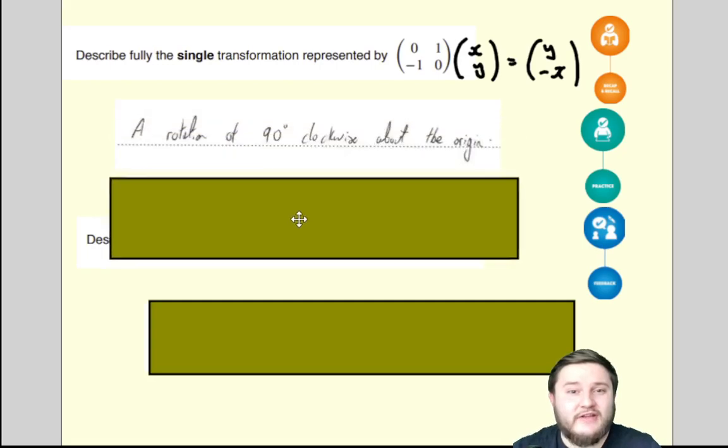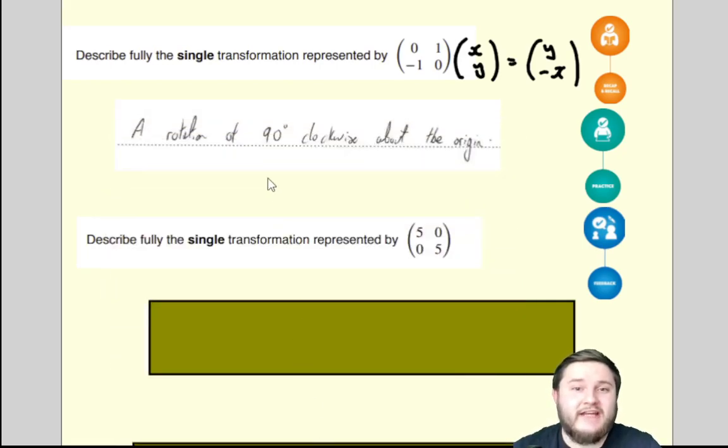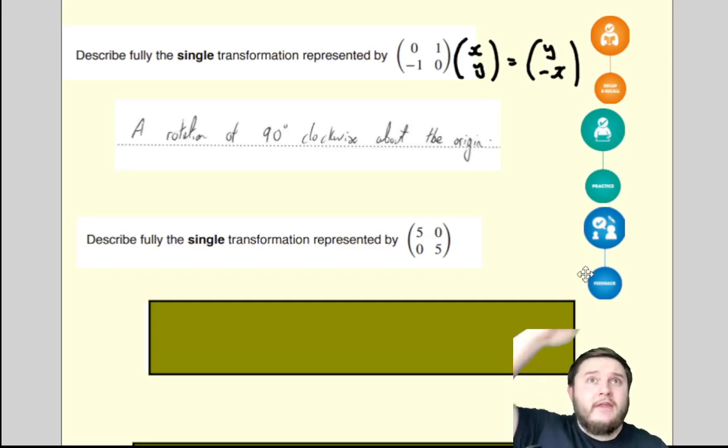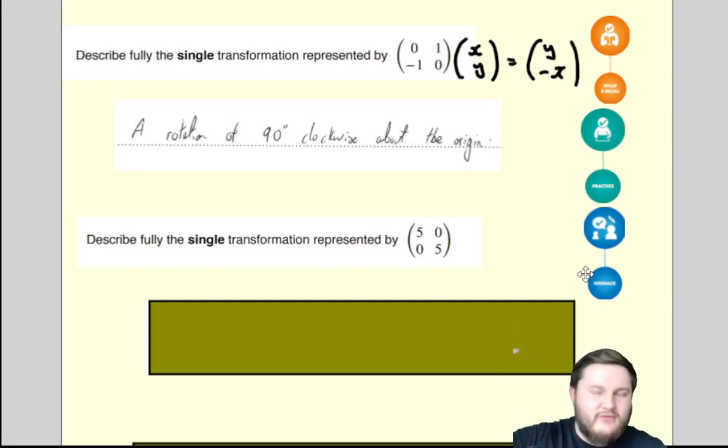Now I believe this transformation is a rotation 90 degrees clockwise about the origin. Because when you rotate something 90 degrees clockwise, the x coordinates become the y coordinates but negative, and the y coordinates become the x coordinates but not negative. They stay as they are.